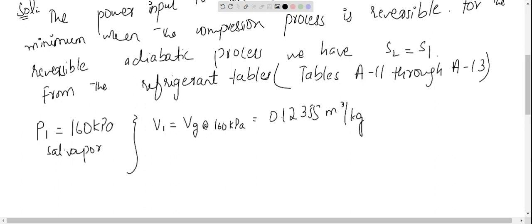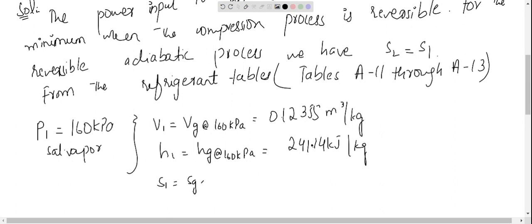This value we get from the table, and H1 equals Hg at 160 kilopascal, which is equal to 241.14 kilojoule per kg, while S1 equals Sg at 160 kilopascal, so this equals 0.94202 kilojoule per kg Kelvin.